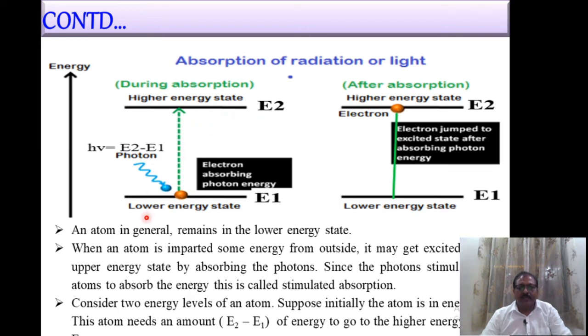And we know that the lower energy state is nothing but the ground state, and the higher energy state is nothing but the excited state. If nu is the frequency of the absorbed radiation, then the photon energy h nu is equal to E2 minus E1, where h is the Planck constant.